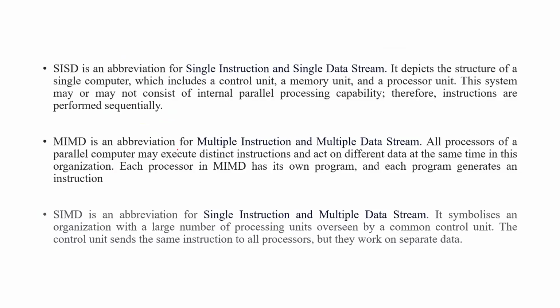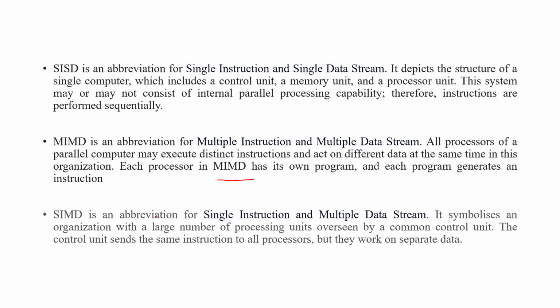It is the abbreviation for multiple instruction and multiple data stream. Here it is like a pipelining concept, multiple instruction multiple data streams. All processors of a parallel computer may execute distinct instructions and act on different data at the same time. Each processor in MIMD has its own program, and each program generates an instruction.